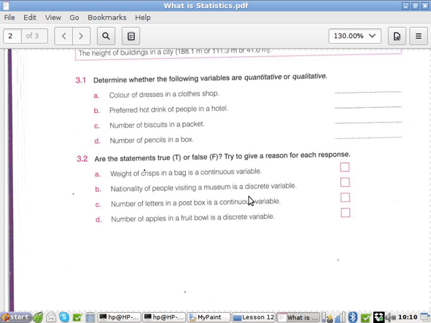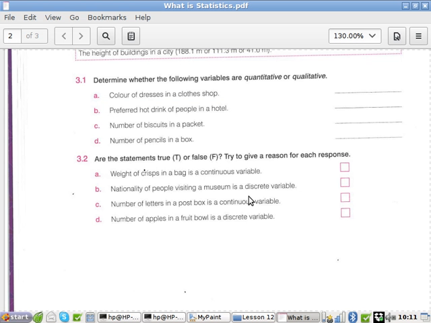Nearly finished? Yes? Weight of crisps in a bag is continuous. True. Nationality of people visiting a museum is discrete. No, false. It's a trick because this is not quantitative, this is qualitative. And only quantitative can be continuous or discrete. Now, if they said number of different nationalities or something, maybe.